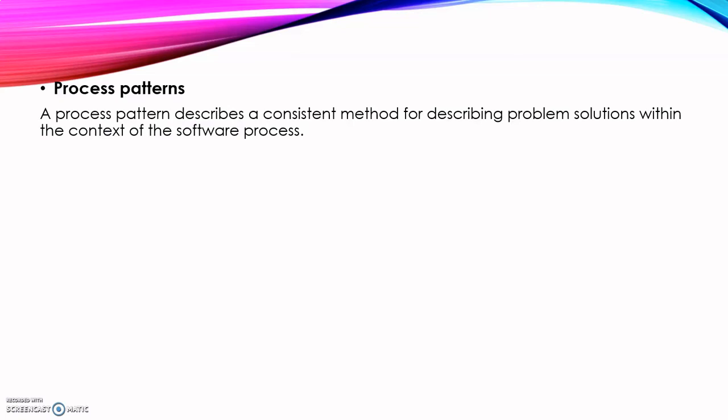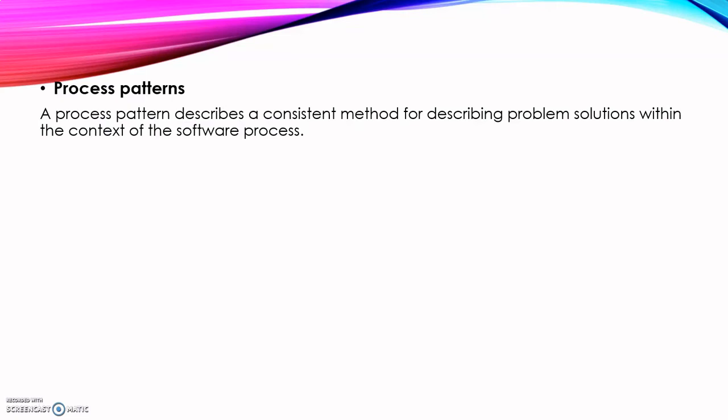Every software team encounters problems as it moves through the software process, right? Am I right? Yes. So, a process pattern describes a consistent method for describing problem solutions within the context of the software process. So patterns consistently give us solutions for our problems.